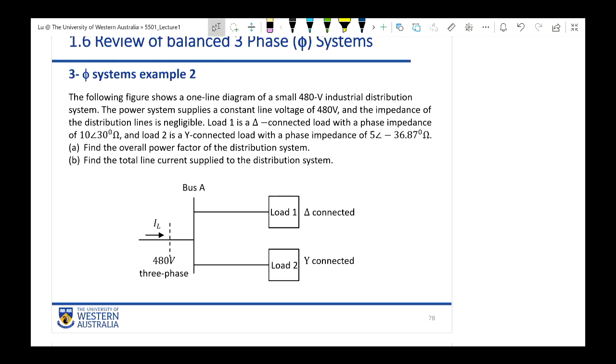And the impedance of the distribution lines, the transmission lines, is negligible. Load 1 is a delta connected load with phase impedance 10∠30° ohms. Load 2 is a Y connected load. The phase impedance is 5∠-36.87° ohms. Please find the overall power factor of the distribution system.